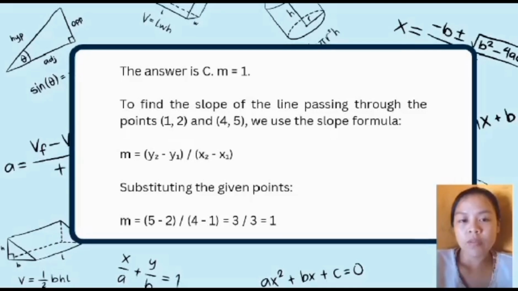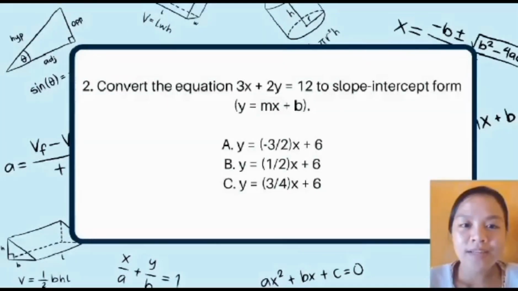So we are going to substitute the given points. m equals 5 minus 2 divided by 4 minus 1 equals 3 over 3. So we have 1. Therefore, the slope of the line passing through the points (1, 2) and (4, 5) is 1. Let us go ahead to the second question.